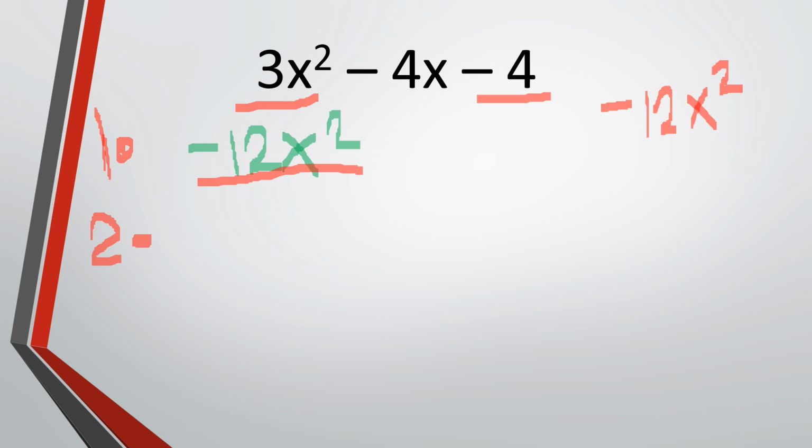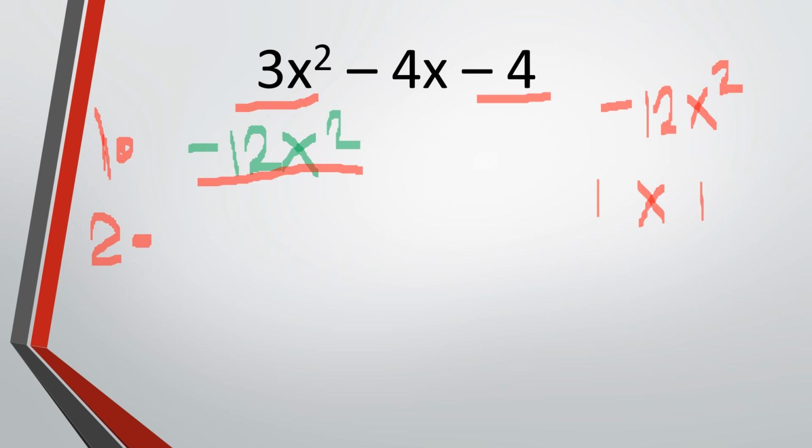Here, we will find the factors of negative 12x squared. Since it is negative, just like we had earlier, the greater number should be negative.